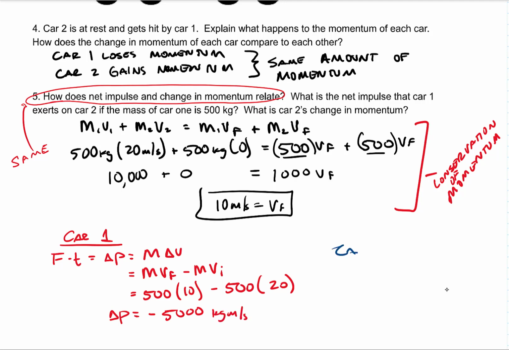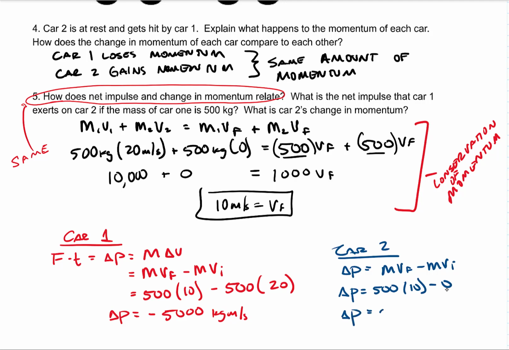If we look at car 2, the change in momentum for car 2 should be the same but opposite, right? So it's going to be m v final minus m v initial. So that's going to be 500 times 10 minus 0, because initially it was at rest.